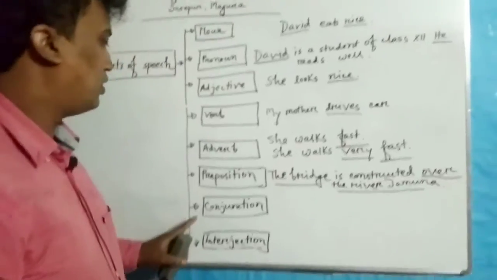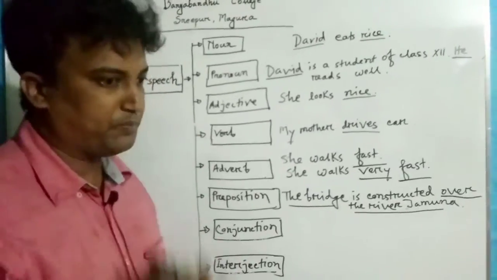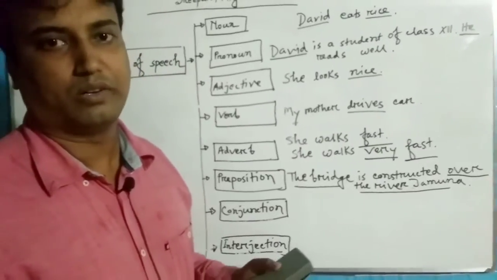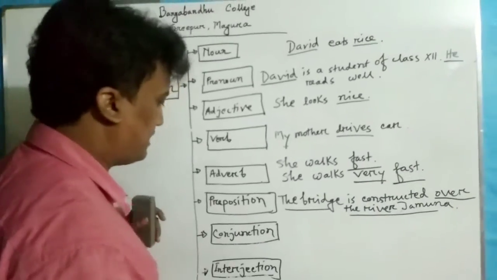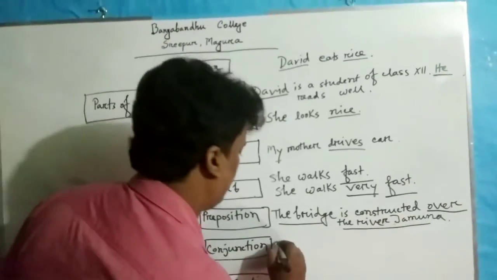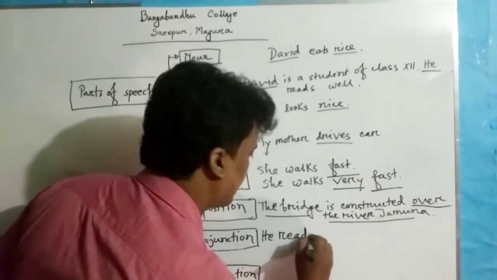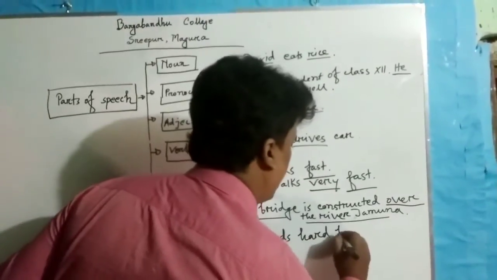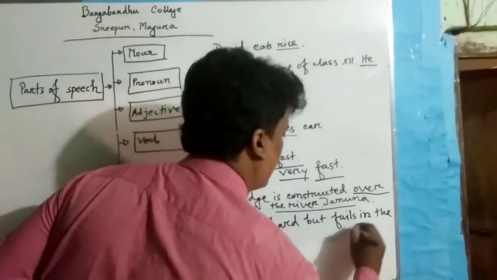So, conjunction. Conjunction is a word in a sentence that connects one or two words or clauses or phrases. For example, he reads hard but fails in the exam.